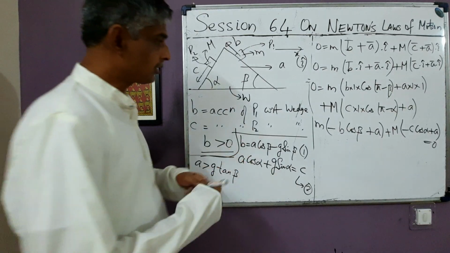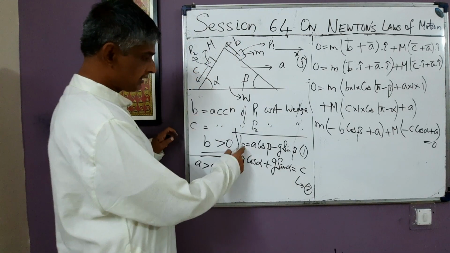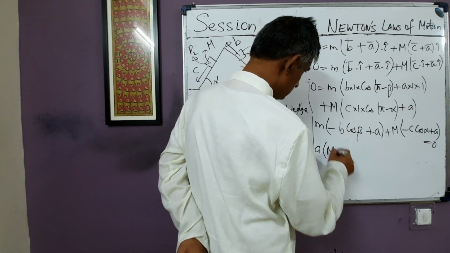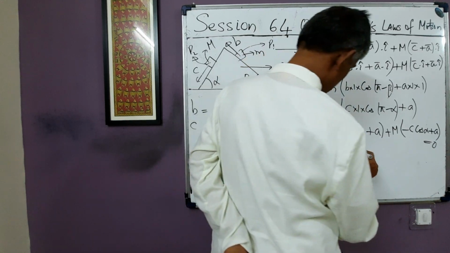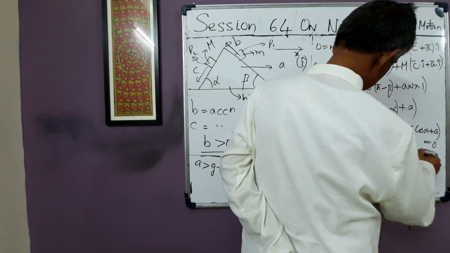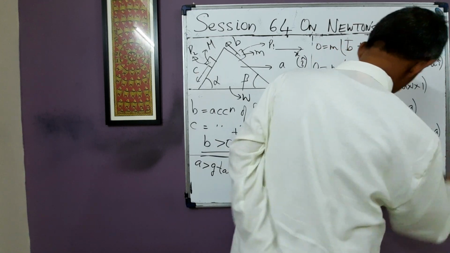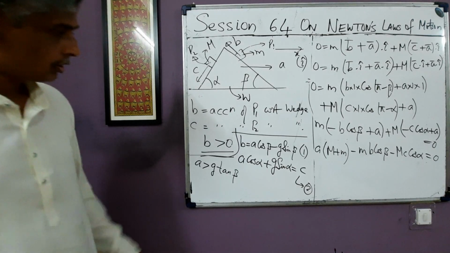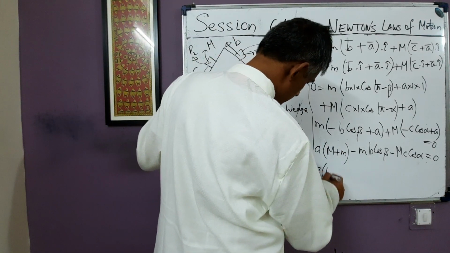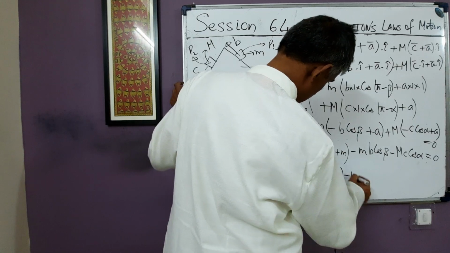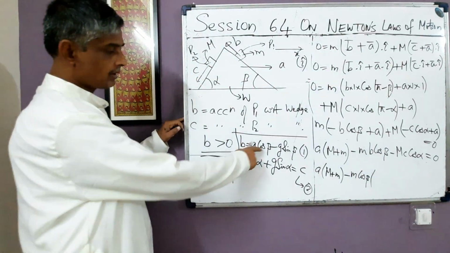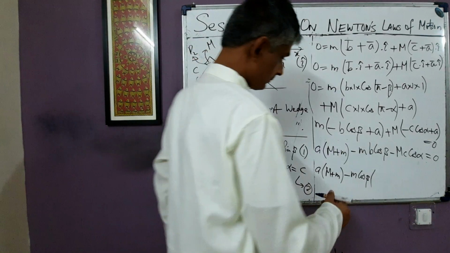So now solve this for a now, and I substitute b and c in this. Okay, so I take a common. M plus m minus m b cos beta minus M c cos alpha is 0. Okay, now b and c, I substitute this in this equation. So this becomes M plus m minus m cos beta, and b becomes a cos beta minus g sin beta.